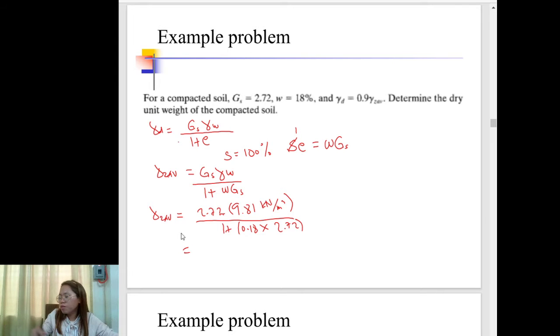So the zero air void unit weight is equal to 17.913.